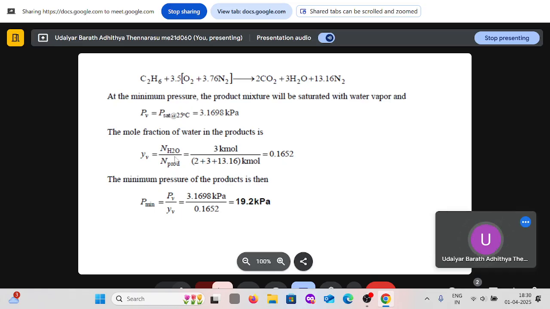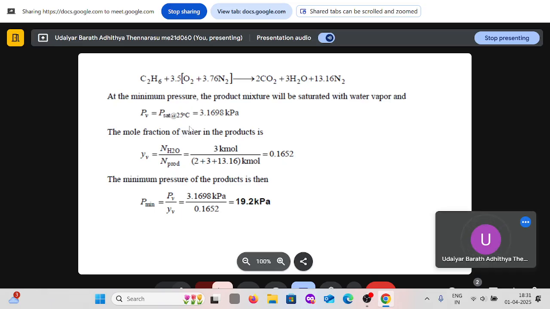So the mole fraction of water is 0.1652. From Dalton's partial pressure law, the total pressure of the product, which will be the minimum pressure, is the partial pressure of water vapor divided by the mole fraction. So this will give a pressure of 19.2 kilopascal.